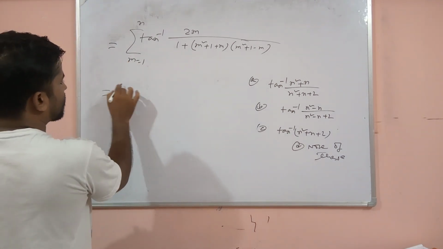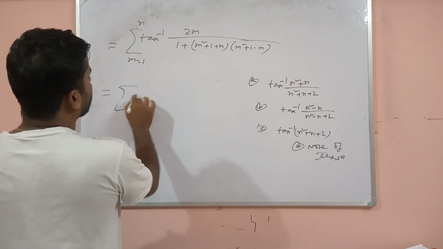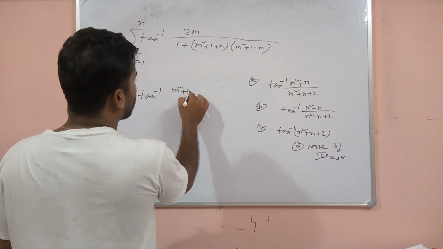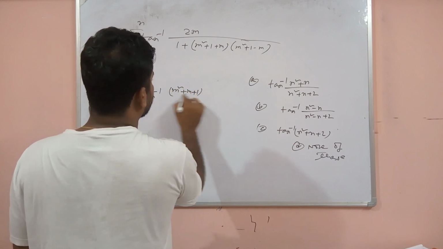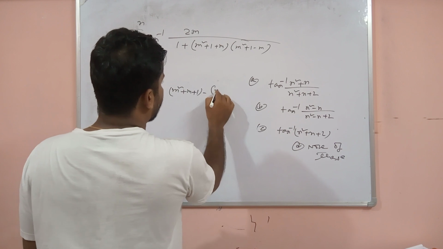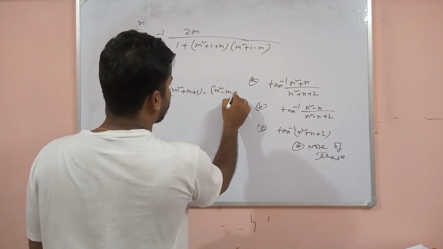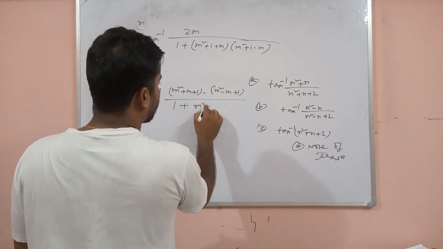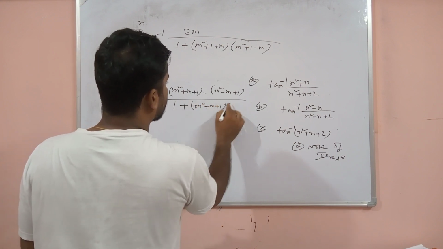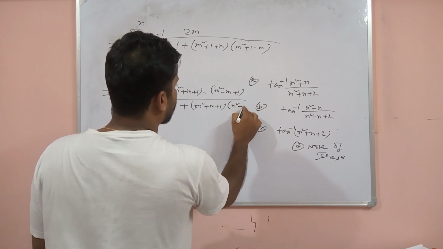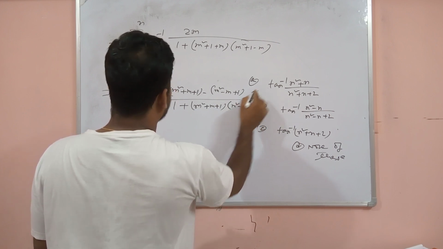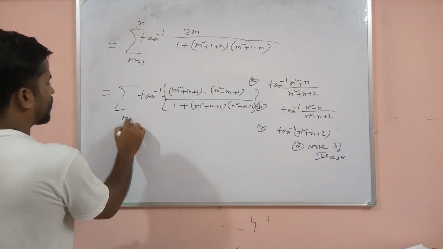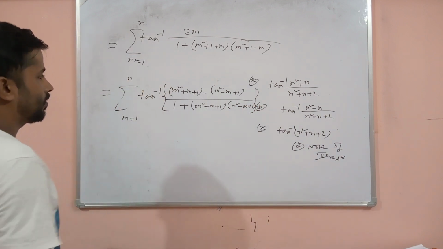This can be written as tan inverse of twice, I mean, m square plus m plus 1 minus m square minus m plus 1, divided by 1 plus m square plus m plus 1 into m square minus m plus 1, from 1 to n.